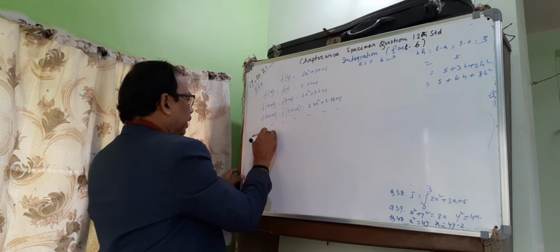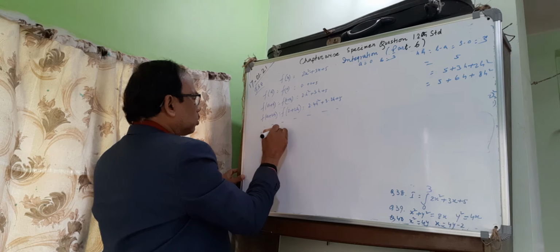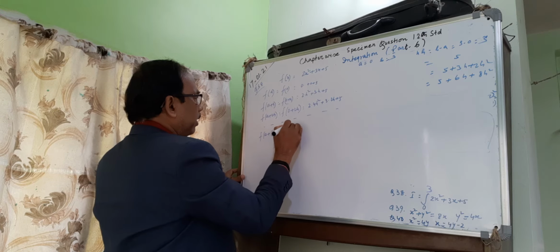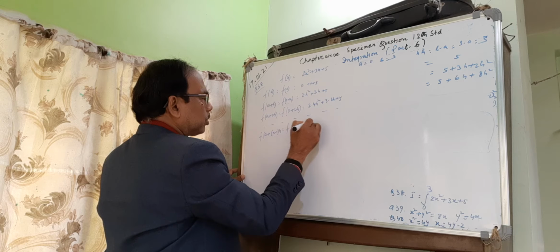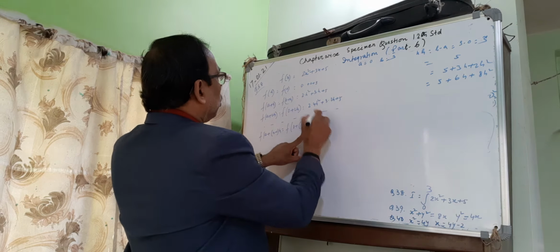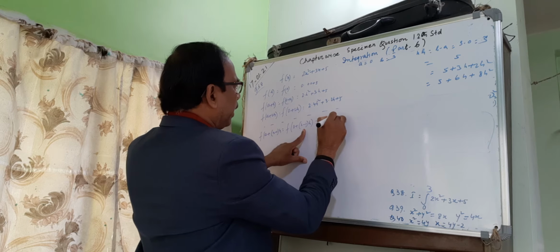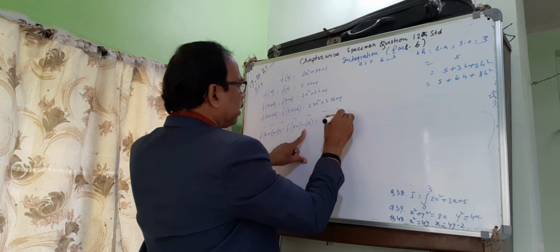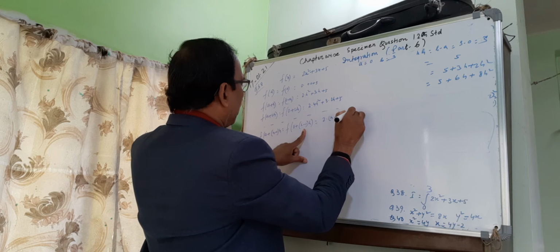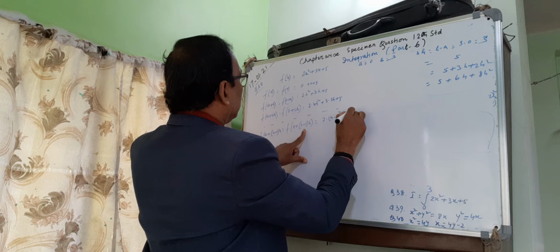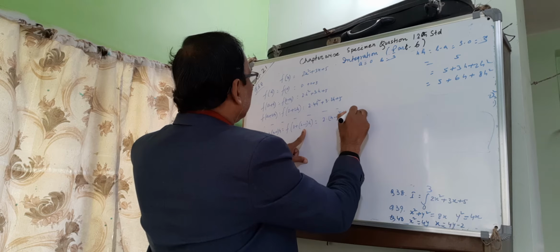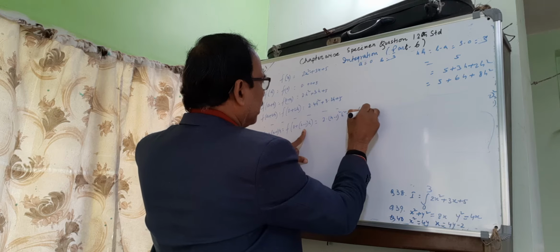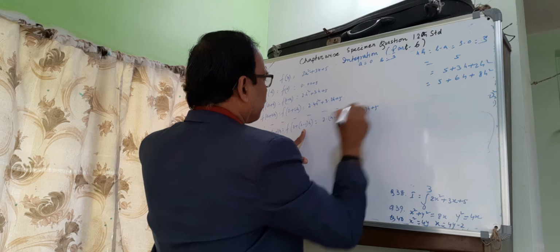f(a plus (n minus 1) into h), with a equals 0, put it here. So 2 into (n minus 1) whole square into h square plus 3 into (n minus 1) into h plus 5.